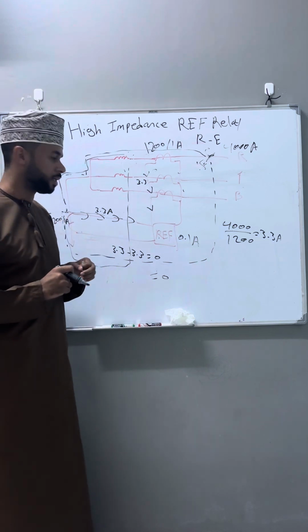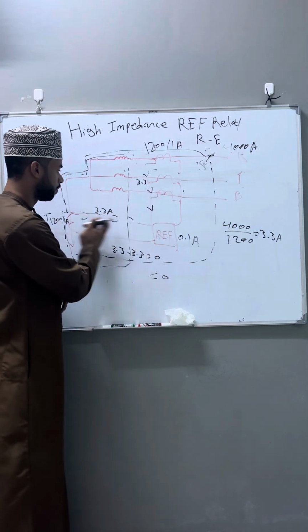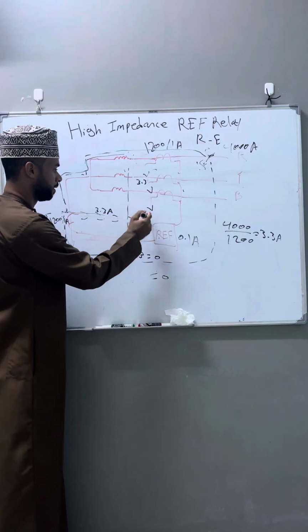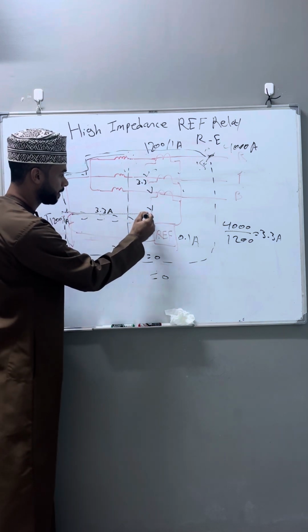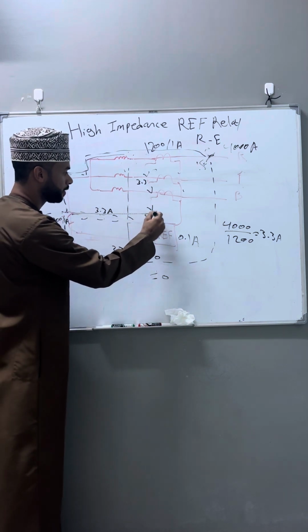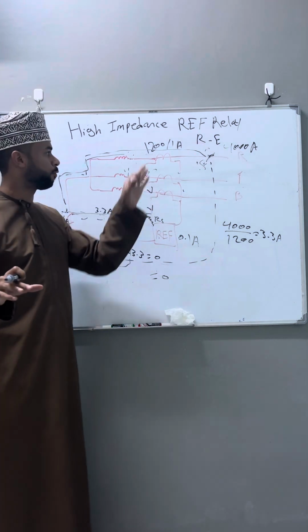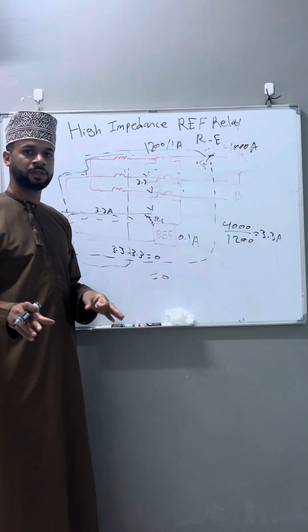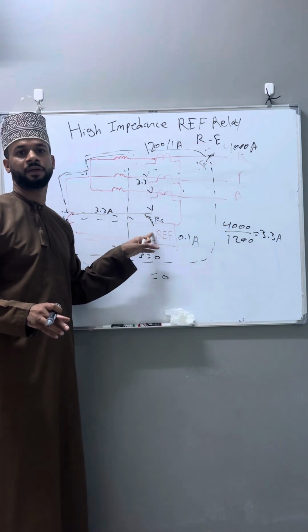So that's why in high impedance restricted earth fault we connect a series resistance. We call it a stabilizer resistor. So how do we avoid this issue? If one of the phase CTs gets saturated, we just connect the stabilizer resistor in series with the relay.